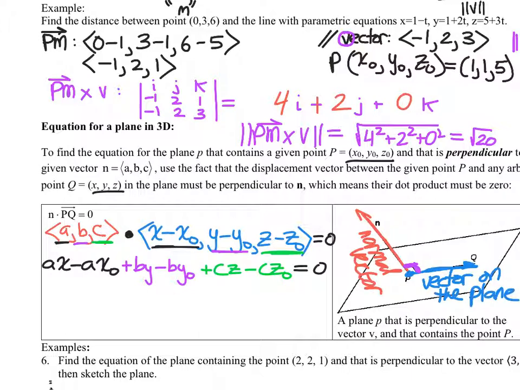Fell down. I'm going to clean things up because AX sub O, BY sub O, and CZ sub O are all going to be scalar values. The variable stuff I want to keep on the left, so we're going to have AX plus BY plus CZ, and then everything else is going to go to the right. So AX sub O plus BY sub O plus CZ sub O.